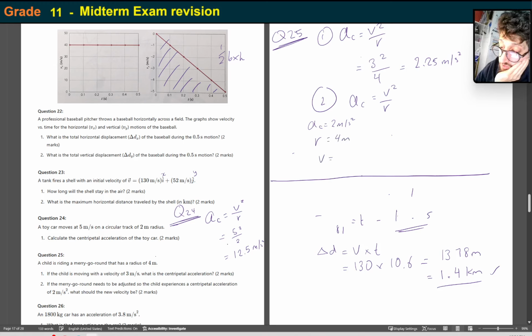We have the centripetal acceleration of 2 meters per second squared. And what should v be? So that's going to be 2 is equal to v squared over 4. And so 2 times 4 equals v squared. And so therefore v is equal to the square root of 8, which is approximately 2.8.